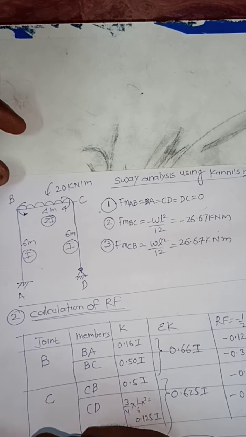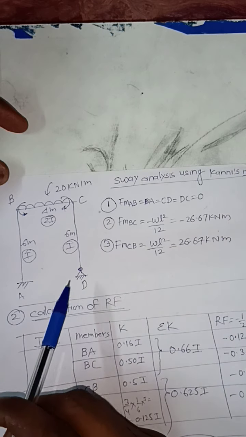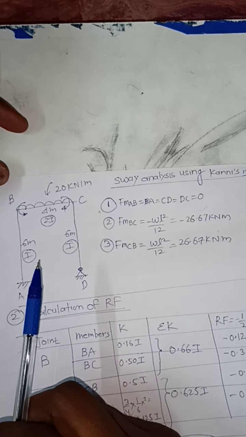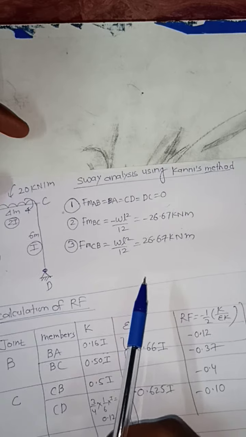As shown, there is no external horizontal loading, but there is a support at D, which is a hinge support. Because of the hinge effect, the column will try to deflect in the rightward direction. So because of this hinge support, this frame will be analyzed for the sway condition. Let us see step by step what we have to do.